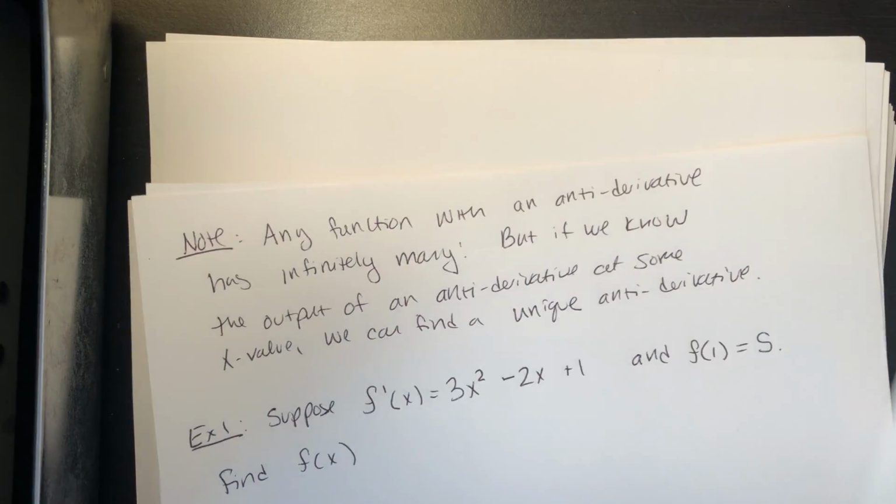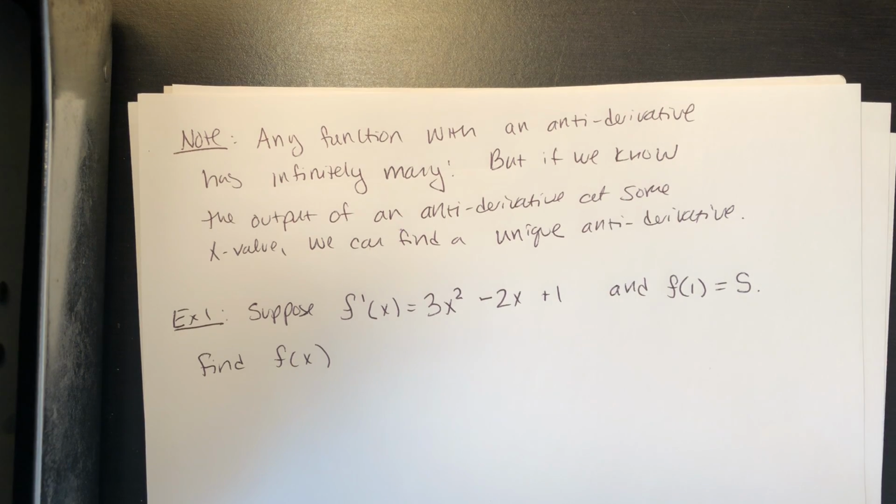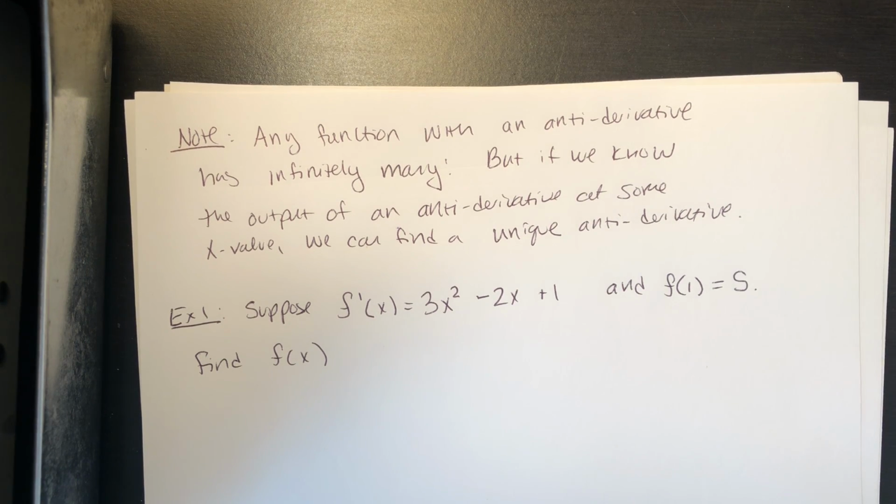notice that for all of these functions that we've done, right, anything that we've looked at so far, if it has an antiderivative at all, it actually has infinitely many antiderivatives, because that general antiderivative plus c, that c is just a stand-in for any constant you can think of. Any real number could go there. But if we know the output of the antiderivative for some specific x value, we can actually find a unique antiderivative.